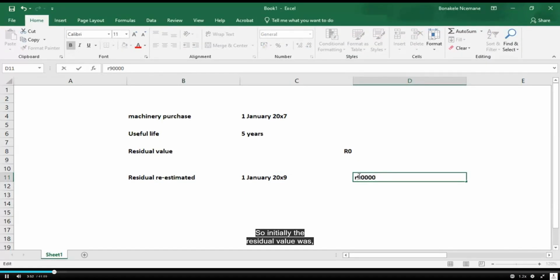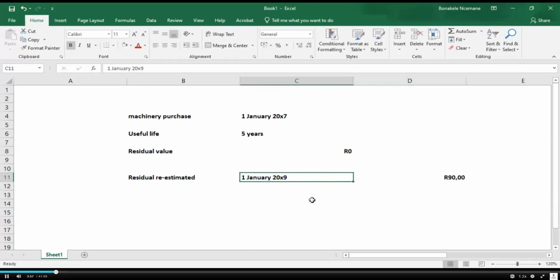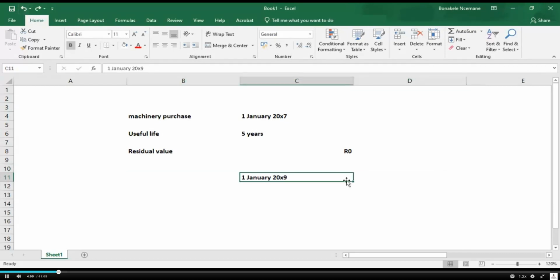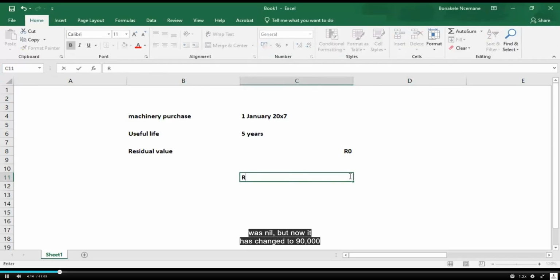So initially the residual value was nil, but now it has changed to 90,000.